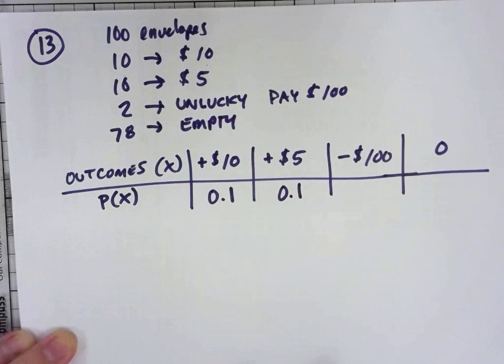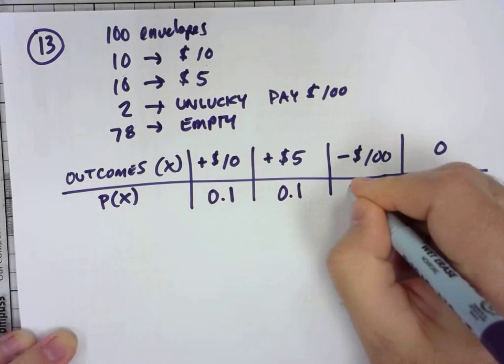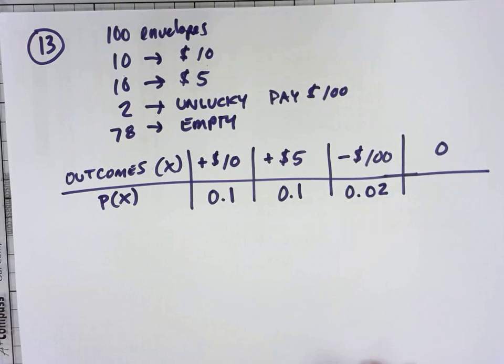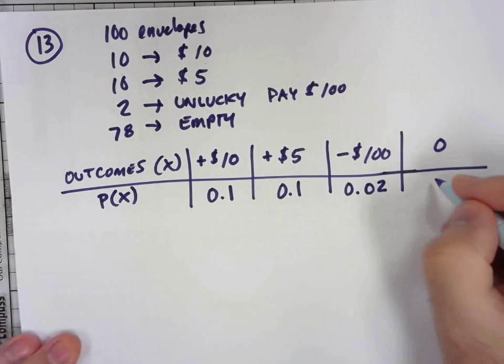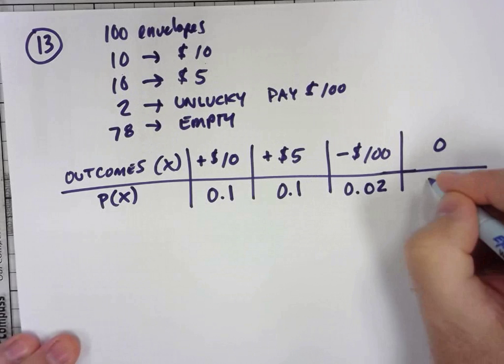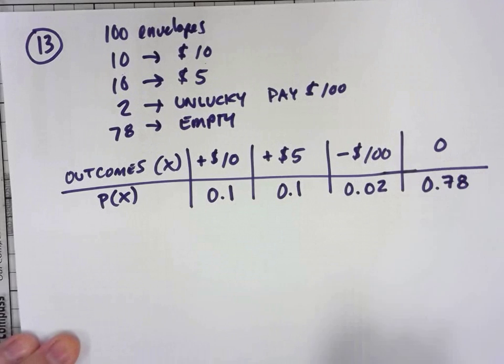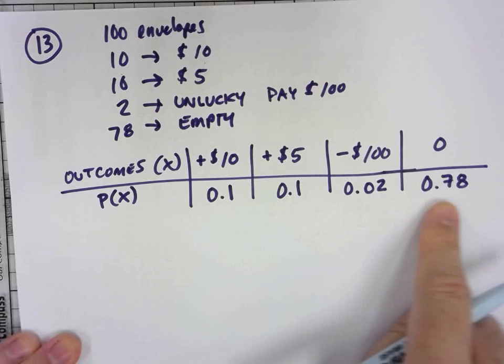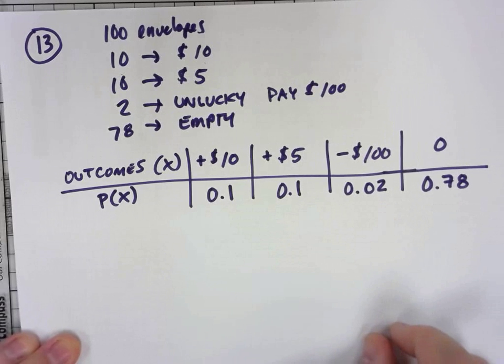What is that? 0.02. You just say 2 over 100. And then the other one here is going to be 78 out of 100, which is 0.78. Alright. All of those should add to what? 1. Yeah, all that adds to 1.